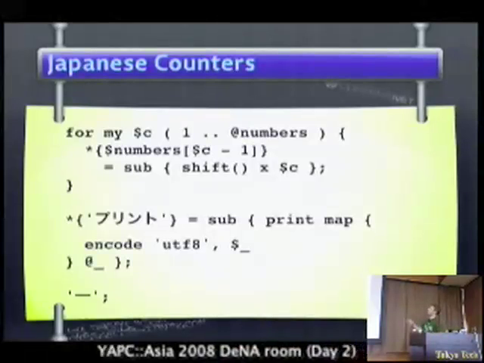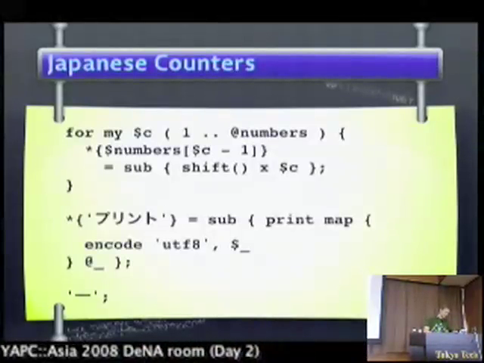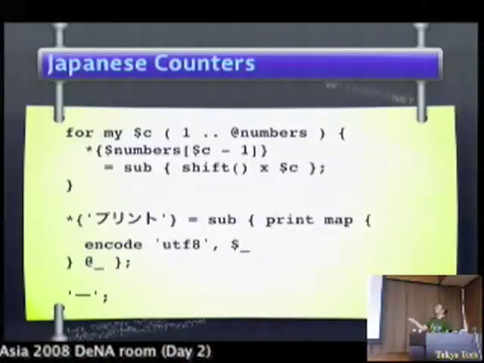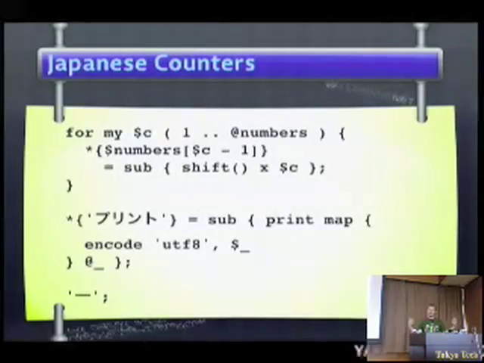So for 1 through all the numbers, create a new function with the Japanese name, and it will take its first argument and multiply it, or it'll take the string that we had and make a string that's 6 times as big by duplicating it.